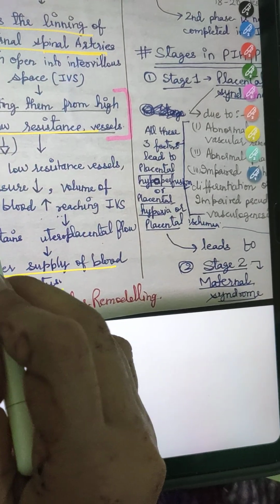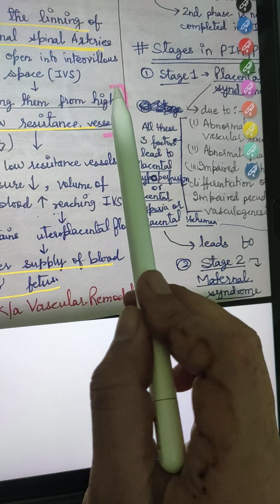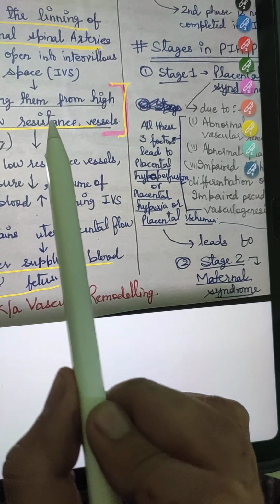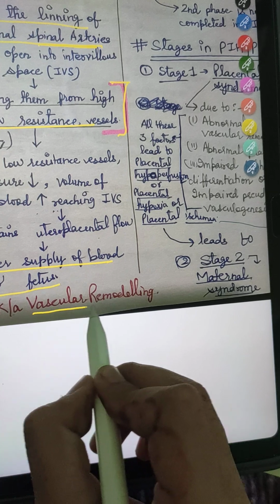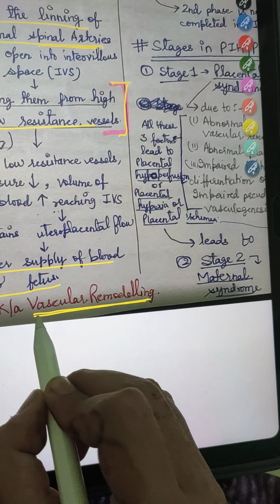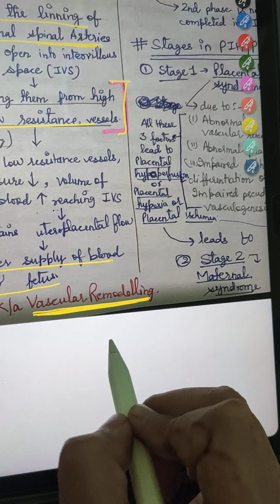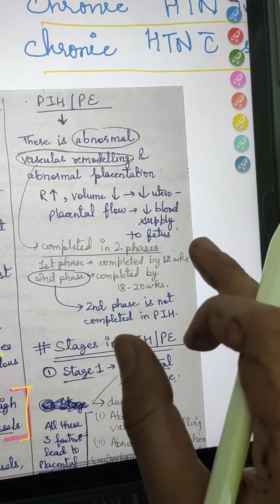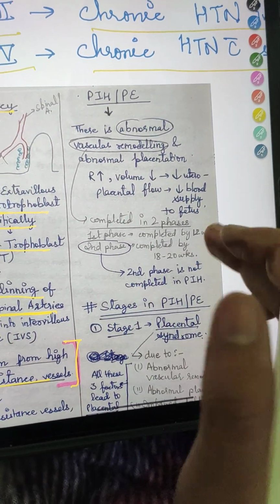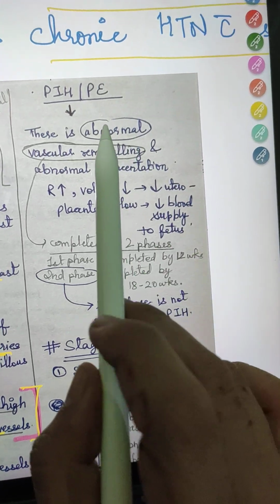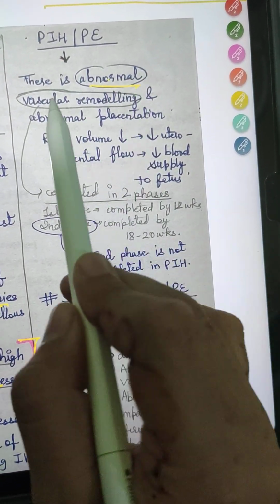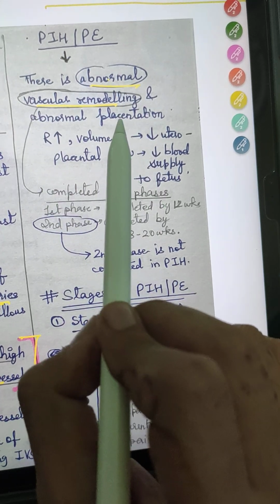This conversion from high to low resistance vessel is known as vascular remodeling, which is important, which occurs normally. But what happens in pregnancy induced hypertension or preeclampsia, there is abnormal vascular remodeling and abnormal placentation.